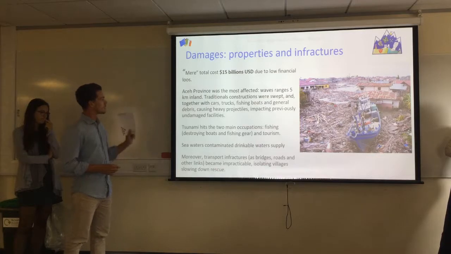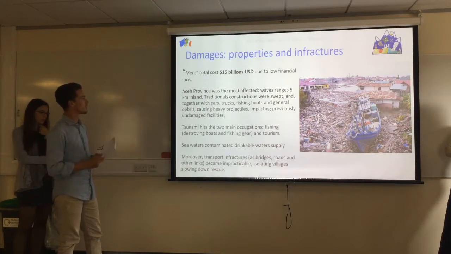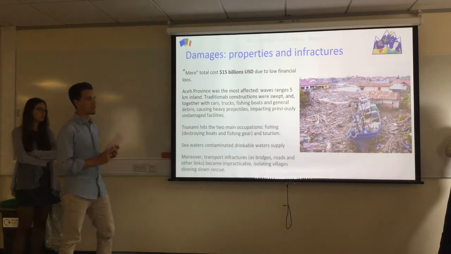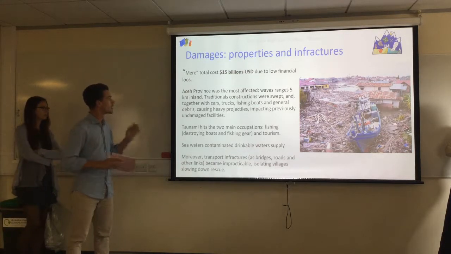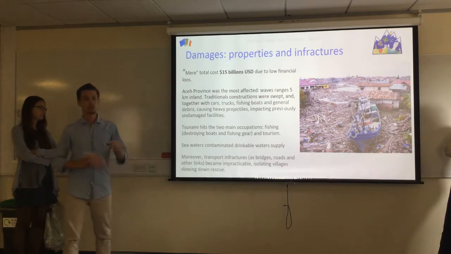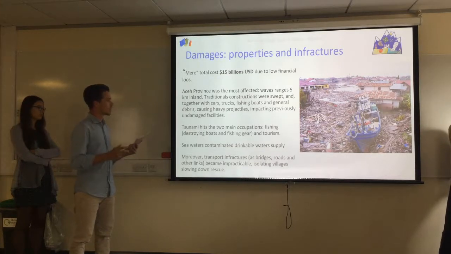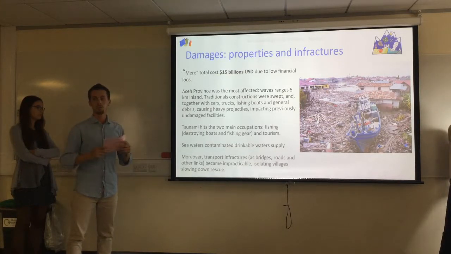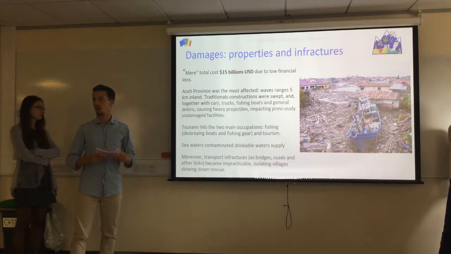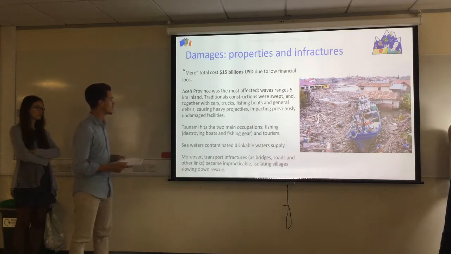What is very important to say is that the tsunami impacted all the surrounding area, sweeping away houses, cars, trucks, fishing boats, and all of this developed such a flow with a lot of debris that it caused very heavy damage to buildings and facilities.